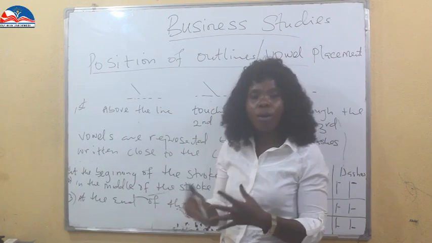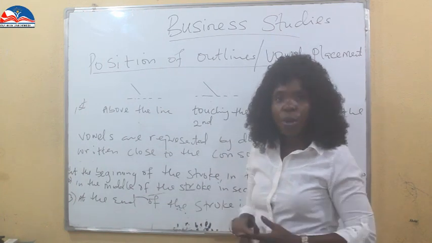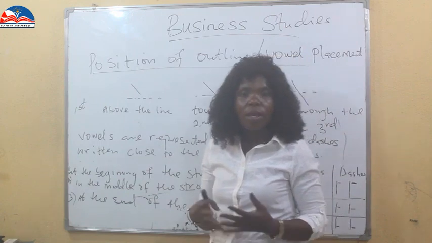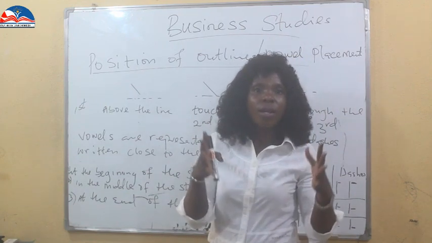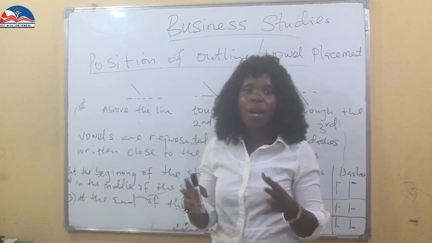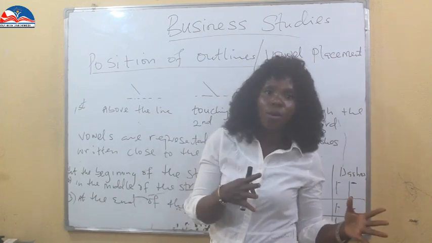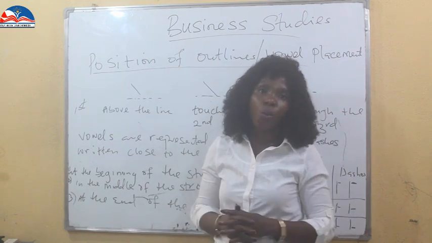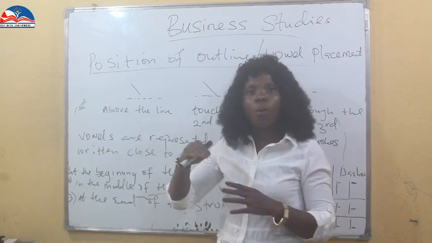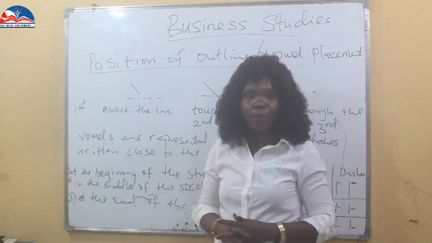We have our normal consonants and we have our vowels. Today we are going to look at how these consonant outlines are positioned and how our vowel sounds are going to be positioned, because that's what makes up the word or the words in a sentence.